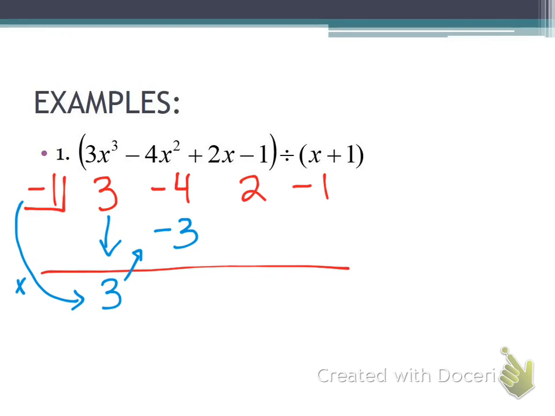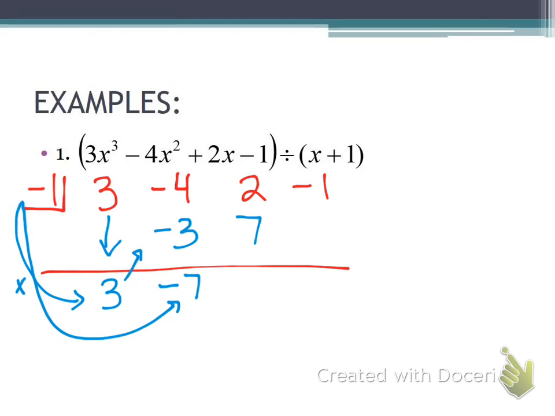The next thing we're going to do is combine down this column to get our next number to go below the bar. If we combine negative 4 and negative 3, what do we get? Negative 7. And this process continues. Now we're multiplying the negative 1 to the negative 7. What do we get? A positive 7. Where do you think we're going to write it? Under the 2.